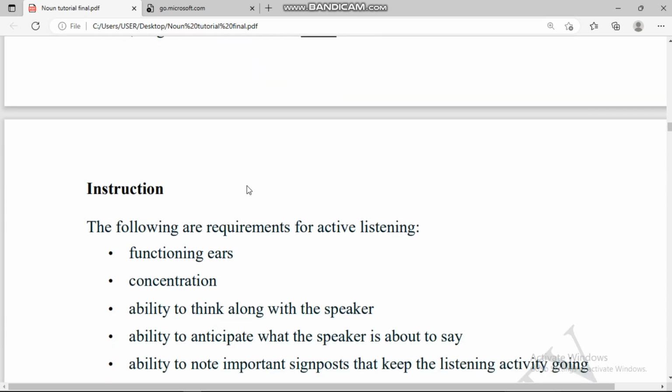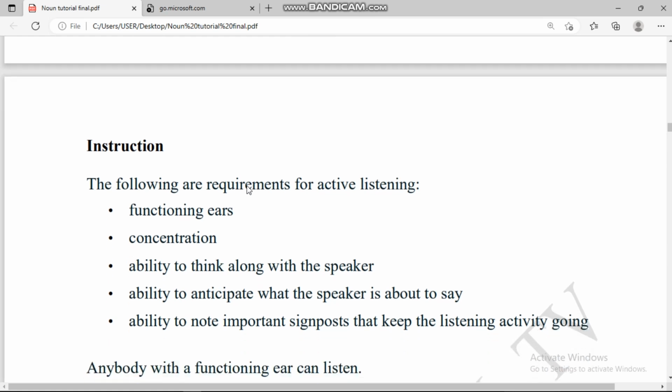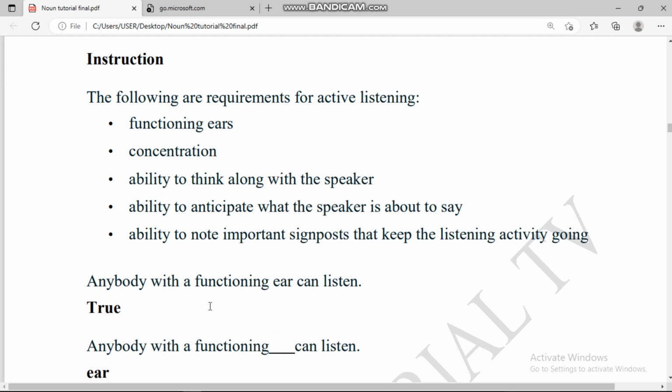The following are requirements for active listening: functioning ears, concentration, ability to think along with the speaker, ability to anticipate what the speaker is about to say, ability to note important signposts that keep the listening activity going.